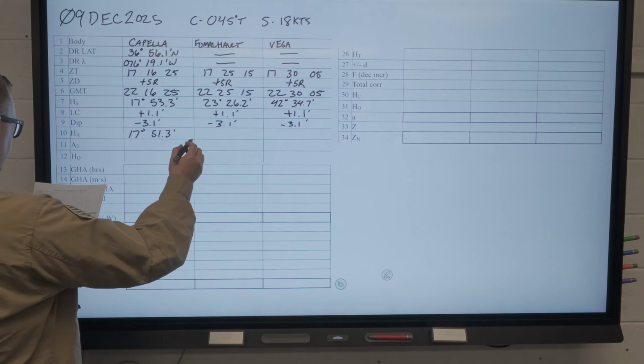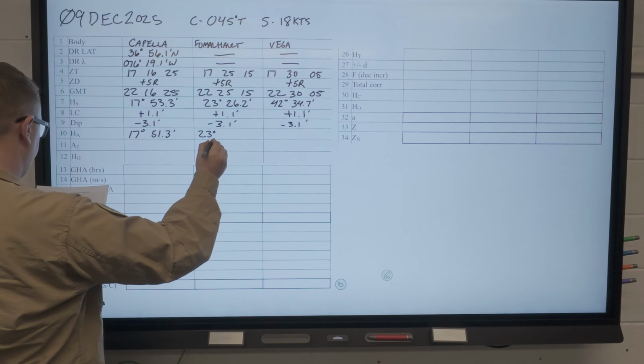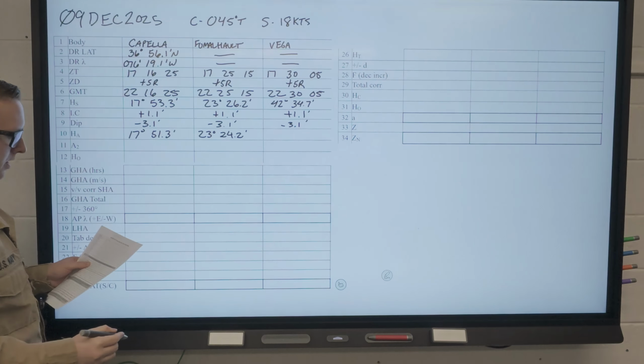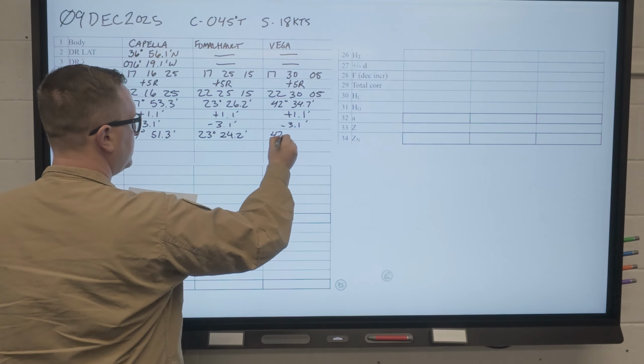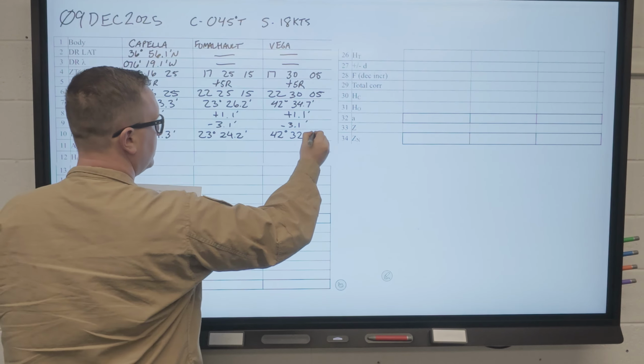For Fomalhaut, you get 23 degrees 24.2. And for Vega, you get 42 degrees 32.7 minutes.